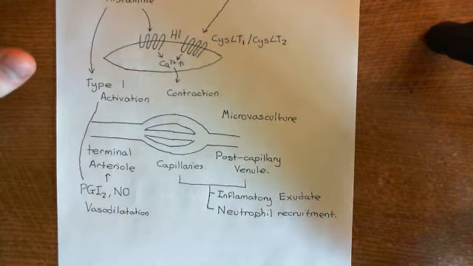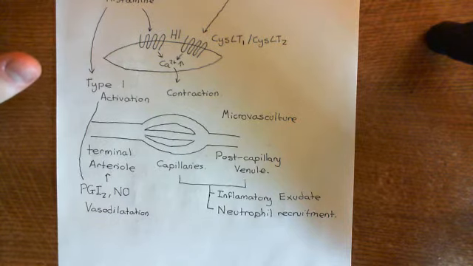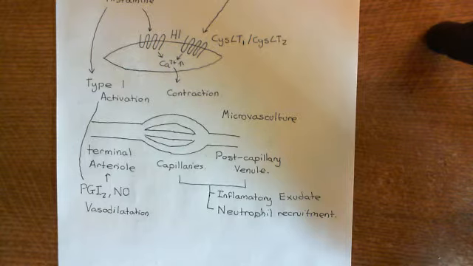So you're going to get neutrophils being moved from the blood into the lamina propria, and this is also going to contribute to the swelling of the lamina propria. So both of these things are going to happen within the immediate phase of the asthmatic attack. You're going to get contraction of the bronchial smooth muscle cell layer, and you're also going to get swelling of the lamina propria, and both of these things are going to lead to the obstruction of the airway.